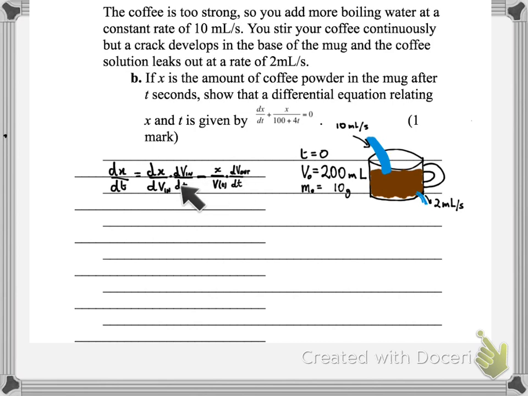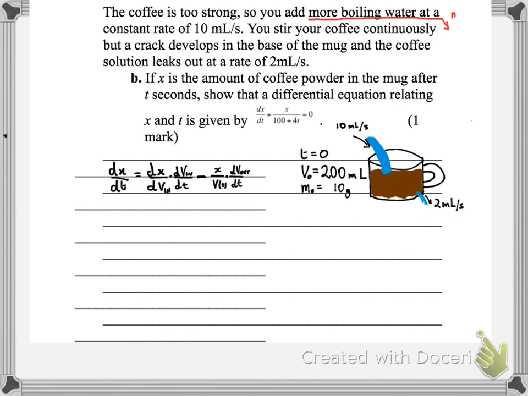So this related rate via a differentiation chain rule is our mass with respect to volume, so that is a concentration, and this is volume with respect to time, so that's the water flow derivative. And that's our related rate for into the solution of coffee, and this is the related rate of change out through the crack.